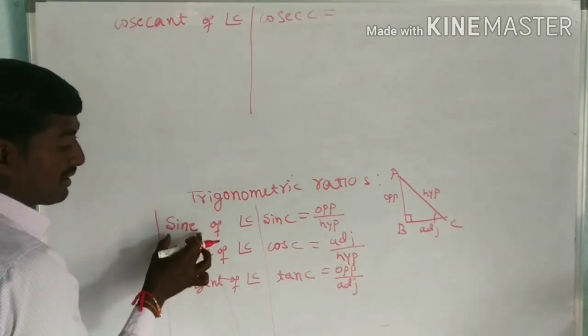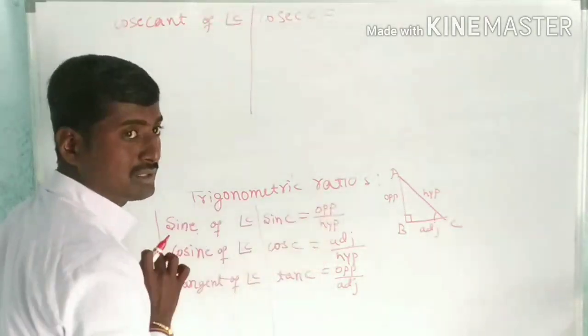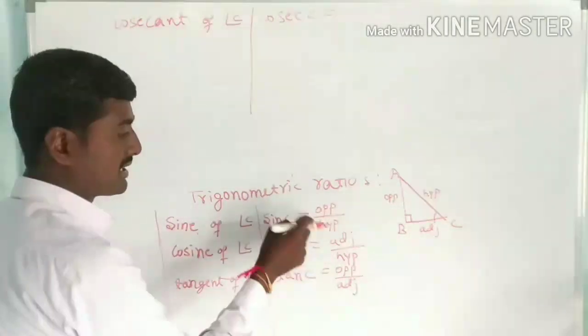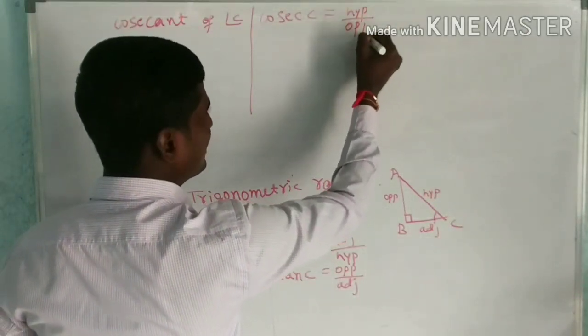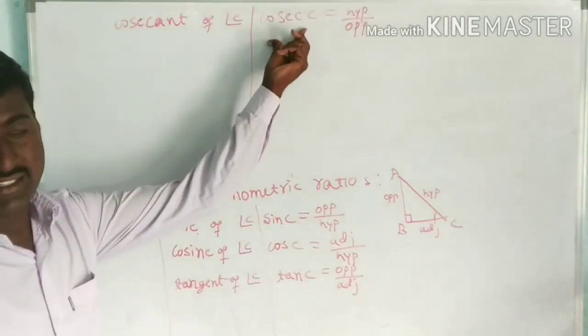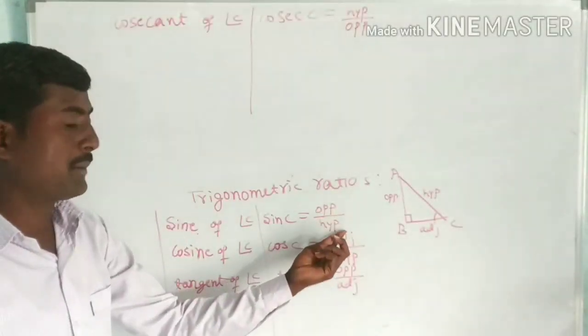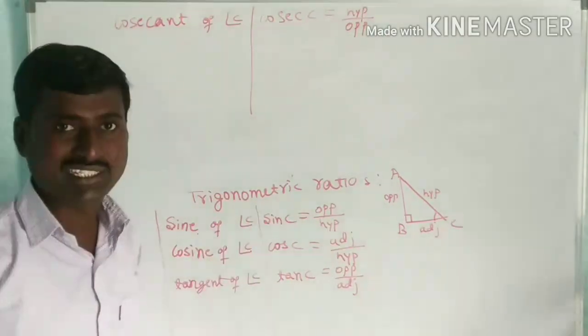Cosecant is the reciprocal of sine. So the sine definition is opposite by hypotenuse. Reciprocal means reverse, that is hypotenuse divided by opposite. So the definition of cosec is hypotenuse by opposite.